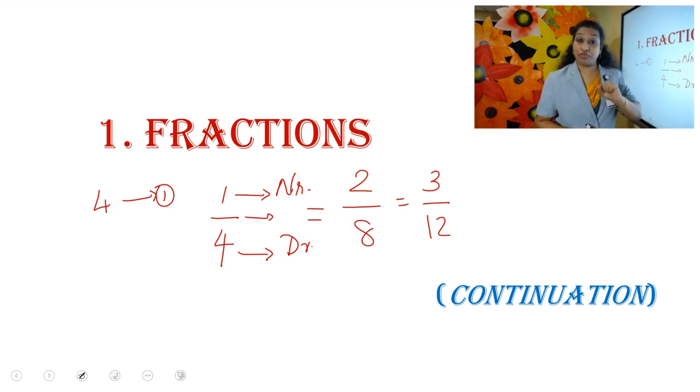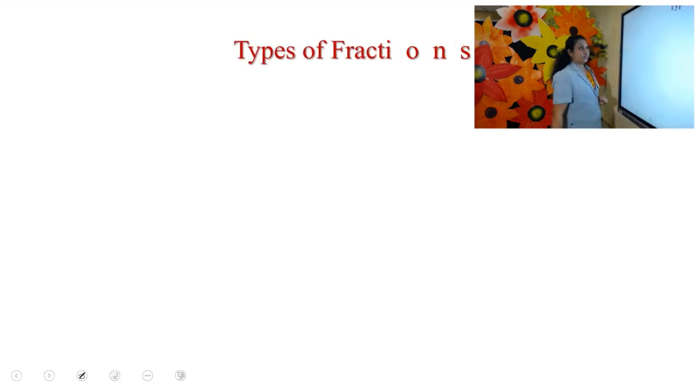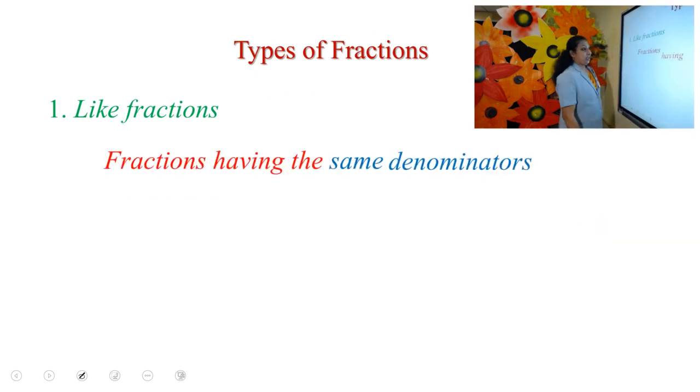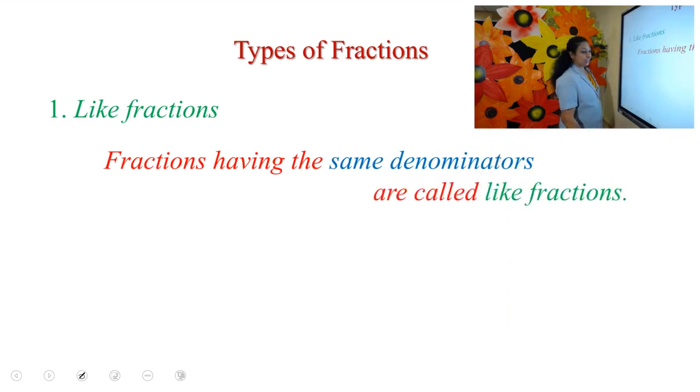There are 6 types of fractions. So let's see. First one is like fraction. Like fraction means when you get a group of fractions, the denominators will be the same. Fractions having same denominators are called like fractions.